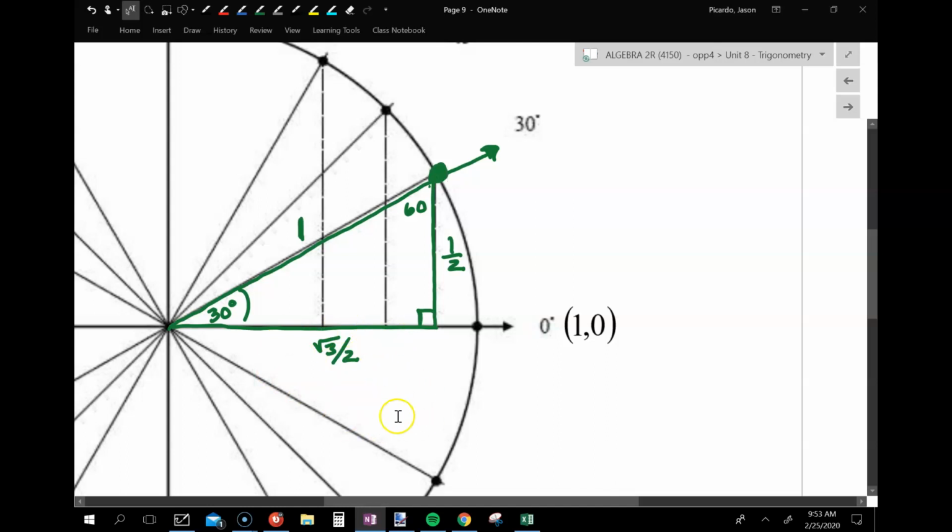Radical 3/2. Then I have to go up. How far do I have to go up? 1/2. Now, if I go to the right and I go up, don't you agree that moving to the right means that my x value is positive? And going up means that my y value is positive. So is it fair to say that I could label this point as radical 3/2, comma, 1/2? Is that cool?